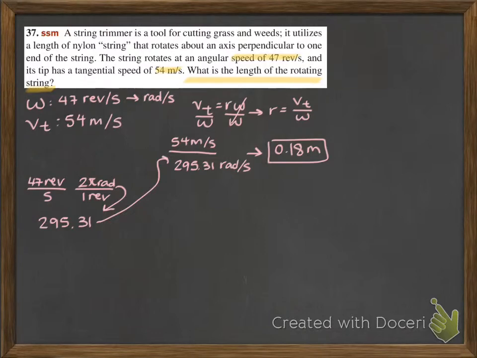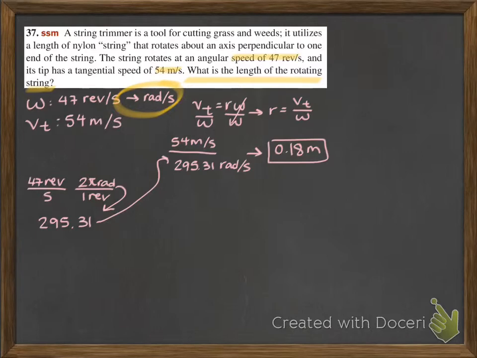We already know that we're going to have to convert revolutions to radians, as I wrote here. So we would put 47 revolutions per second, and then 1 revolution equals 2 pi radians, to have it as 295.31 radians per second. We also know one of the equations that I gave you before, which is tangential velocity equals radius times angular velocity.